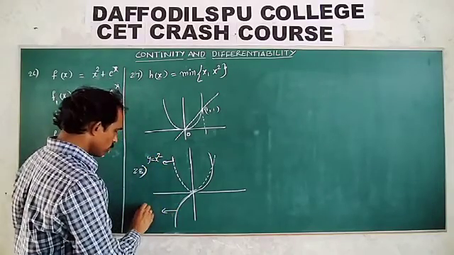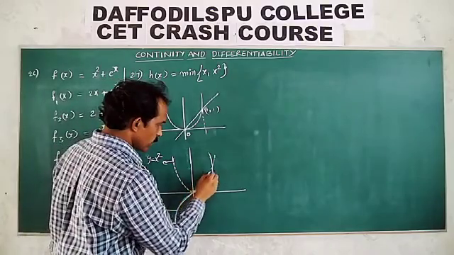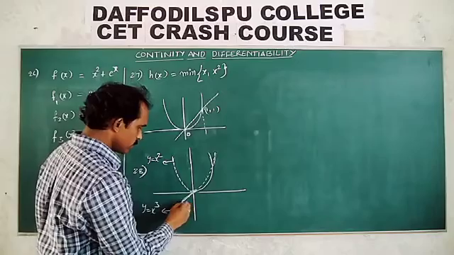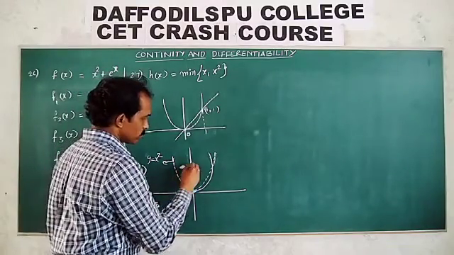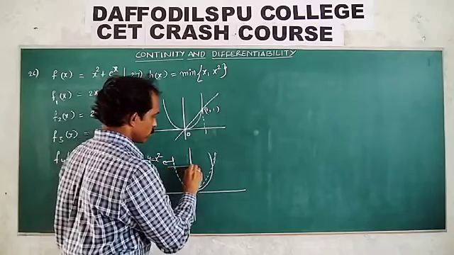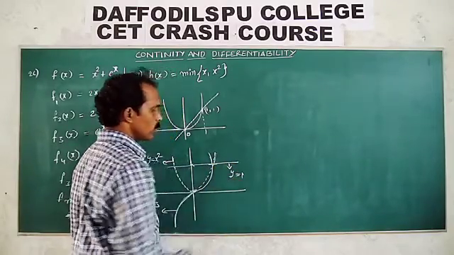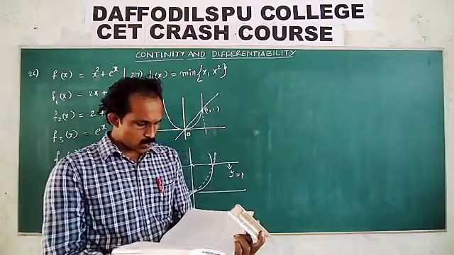This one is y is equal to x cube. This is the x square graph, this is the y is equal to x cube graph, and this is y is equal to 1. The minimum of 1 comma x square comma x cube.